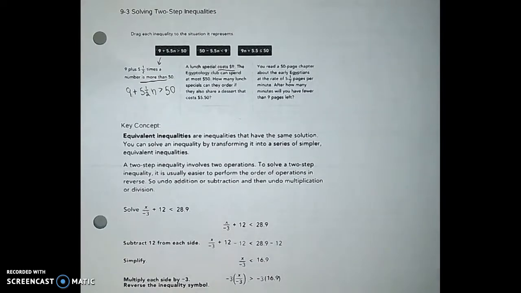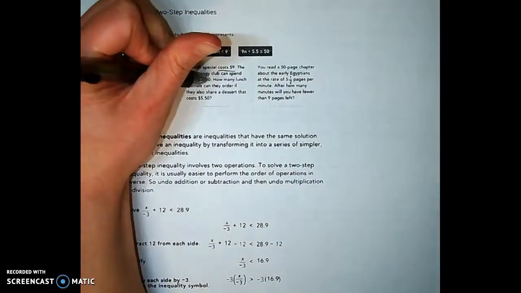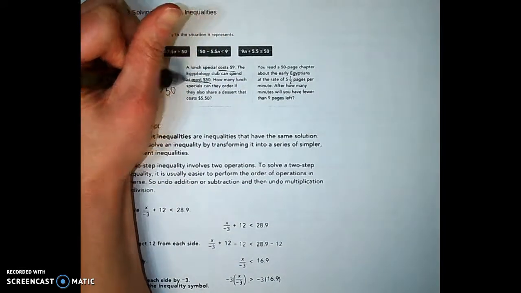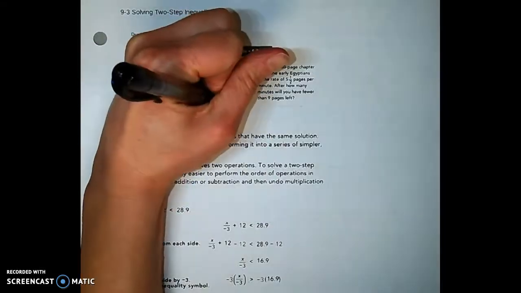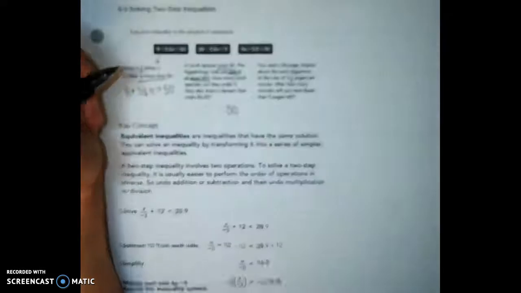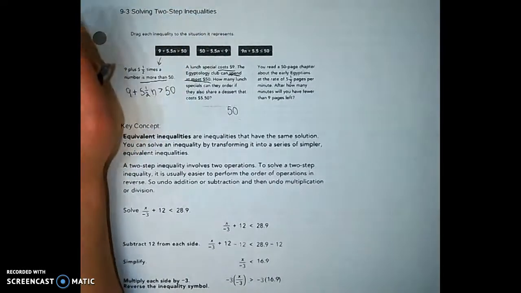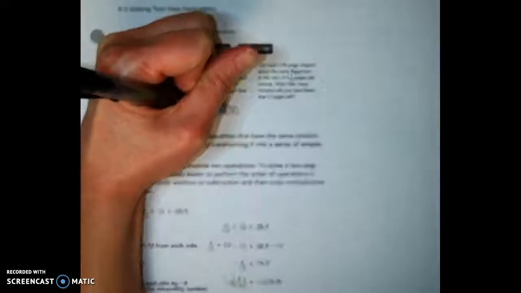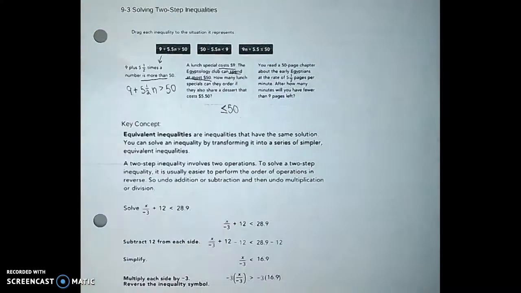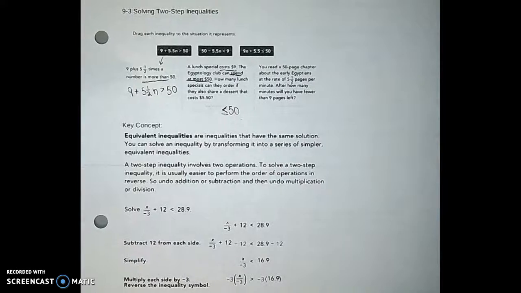So we do see that there's a total, and right before the total there are the words, they can spend at most $50. So I know that total is going to go by itself on one side of the inequality, and at most means less than or equal to, because it can be smaller than 50, or they could spend $50. So their total has to be less than or equal to 50.